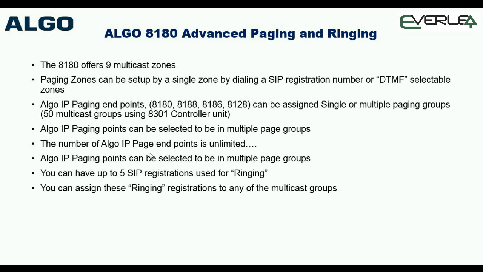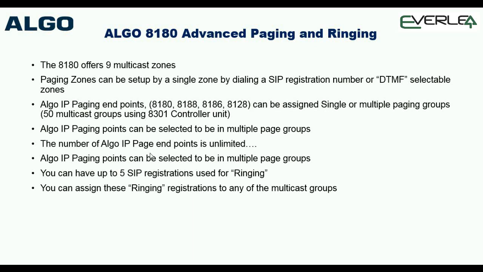And that'll page group 1, *2, group 2, 3, etc. Okay, so that's just using one SIP registration and some post digits to access the multicasting, and we can set up all the different paging groups. Or we can have a master for each group and then include the slaves into the different groups. And so you're dialing individual SIP registrations on individual masters around the thing. I hope that makes sense. If not, let us know.